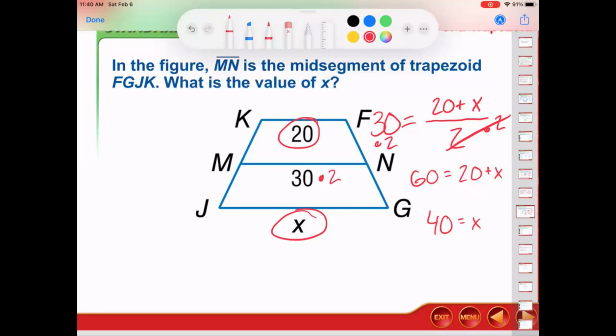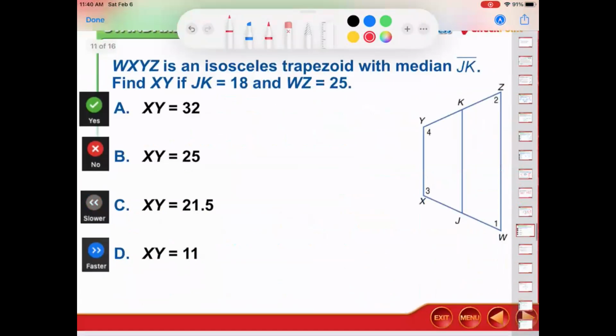So what plus 20 is going to equal 60? Well, that's 40. So you can think through it that way too if you don't want to set up that equation every time. But I think it's just kind of a fun little trick. So this is where you would give this a shot on your own during the presentation, but we're going to do it together since this is the video.